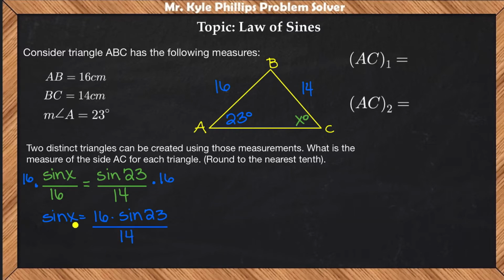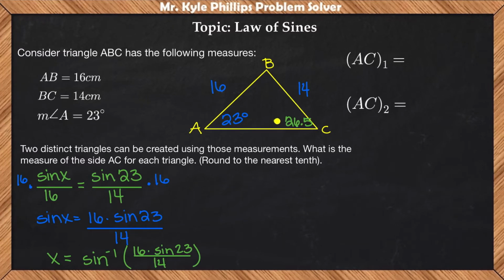Now, to get x by itself, we're going to have to take the inverse here. So x will be equal to sine inverse of 16 times sine 23, all over 14. All right, so this is going to give us 26.5. So that's going to be the value of angle C here.